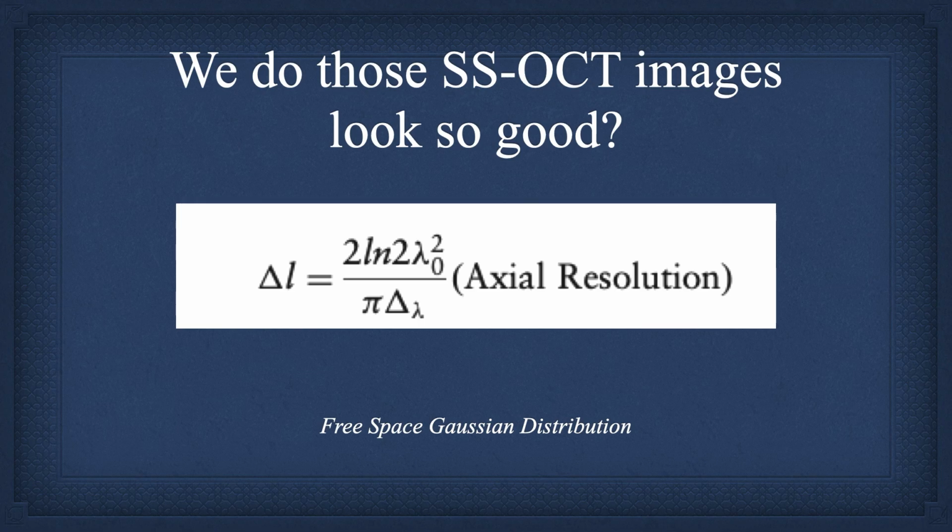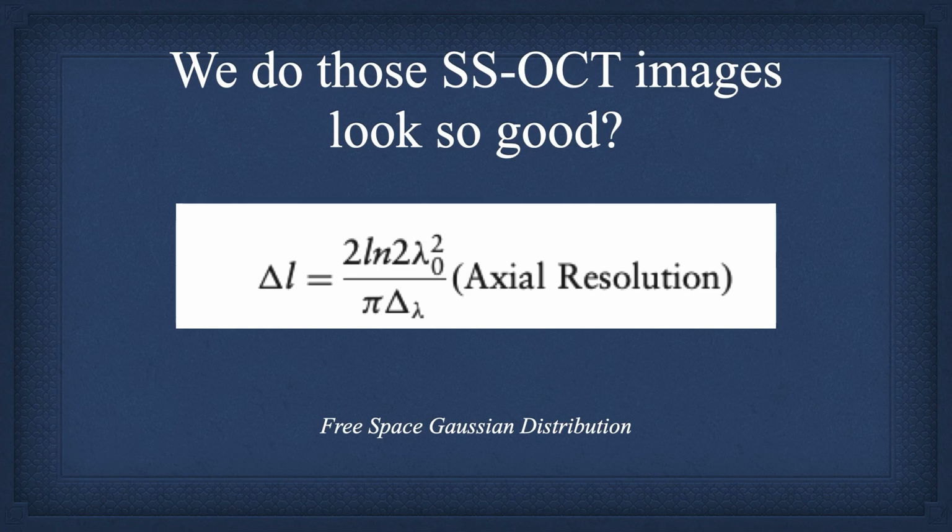Swept source started to arise around the late 1990s, but time domain OCT was relatively patent protected. SS-OCT, its concept has been around since the Michelson-Morley experiments from the late 19th century. It was part of relativity. So it was not patent protected.